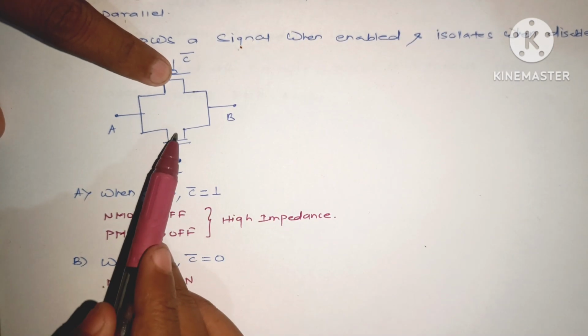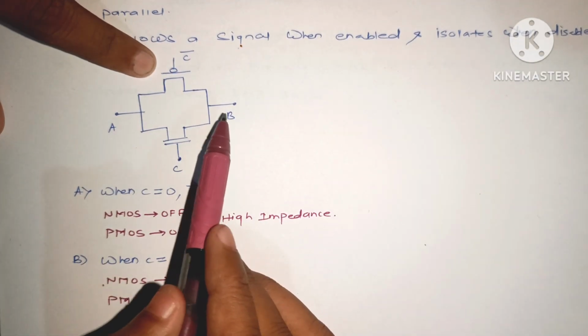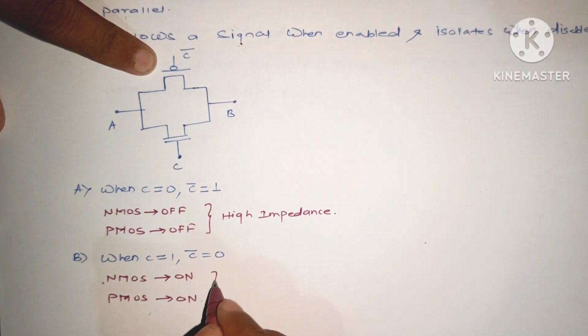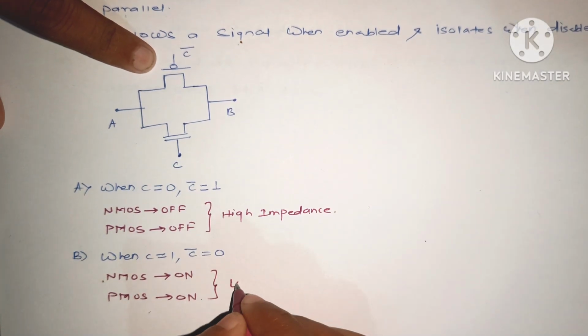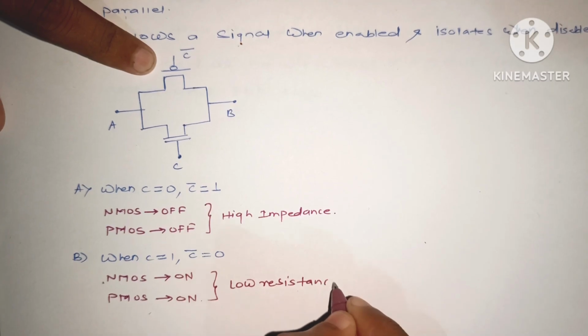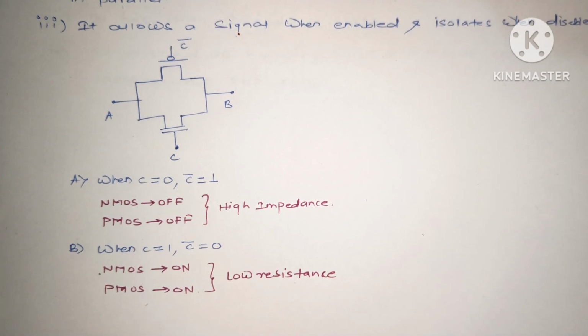Now when both are in on condition, A becomes equal to B through this transistor or through this transistor. And this condition we can call low resistance. As both the transistors are in on condition, the resistance across both these transistors is low.